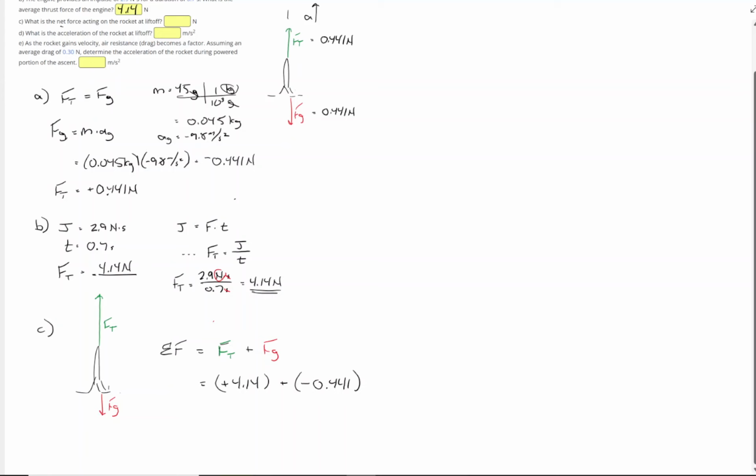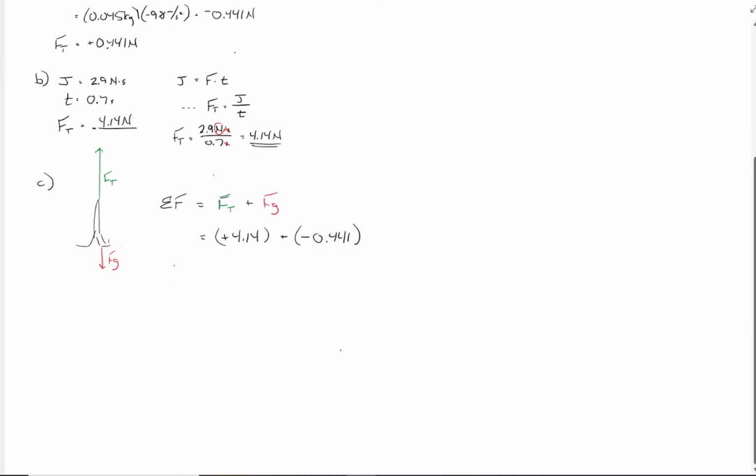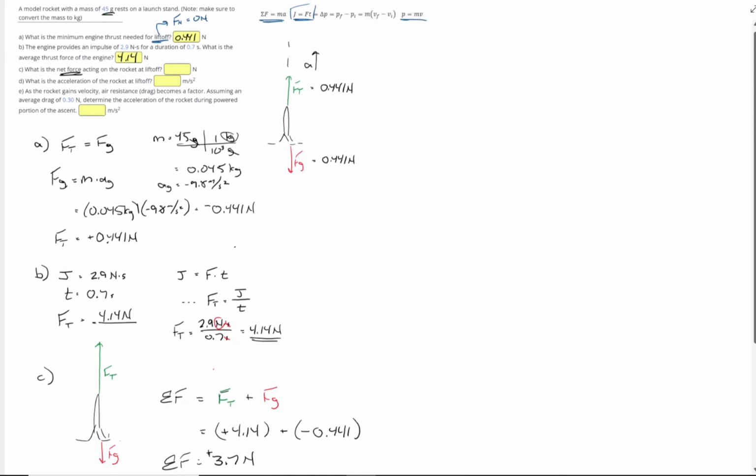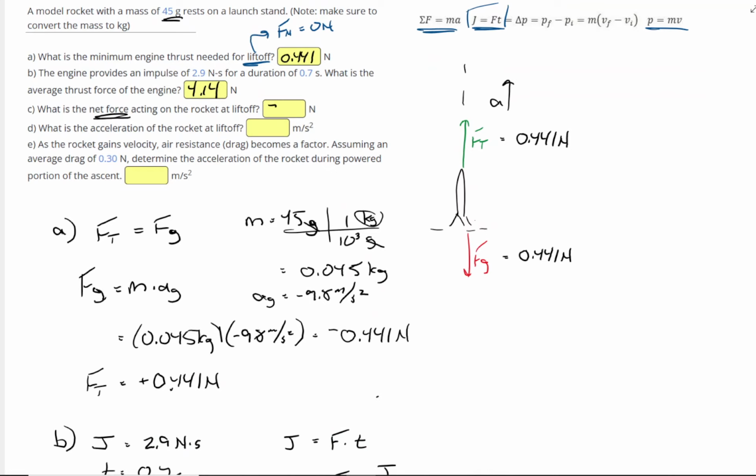And so if we're trying to find the net force, we just add them up. So if I take 4.41 and subtract 0.441, I get the net force of 3.7. The sum of all the forces is 3.7 newtons upward, right? So now we know the net force on this rocket is 3.7 newtons.